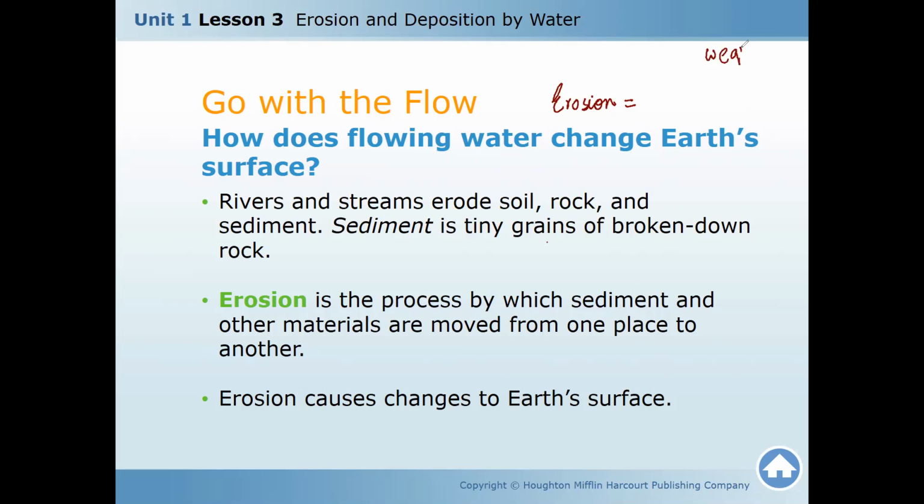If you haven't heard, the last lesson was weathering, and weathering means breaking of rocks. Breaking. And erosion means moving of these broken sediments. I'm sorry, I cannot explain more than this now.